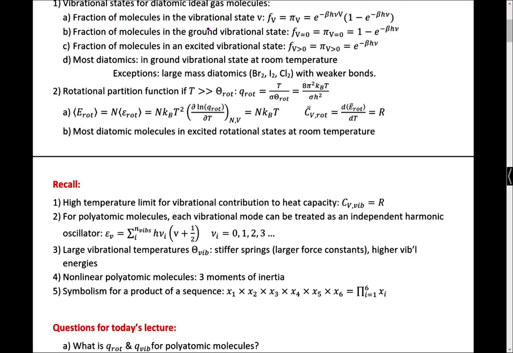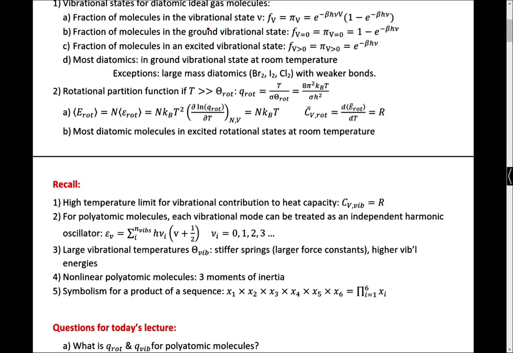When we've introduced polyatomic molecules and talked about vibrations, we've seen that there are a number of vibrational modes given by 3n minus 5 or 3n minus 6, depending on whether the molecule is linear or nonlinear. And in the case of those molecules, we basically can say each of those vibrational modes can be modeled using the harmonic oscillator approximation. All right?